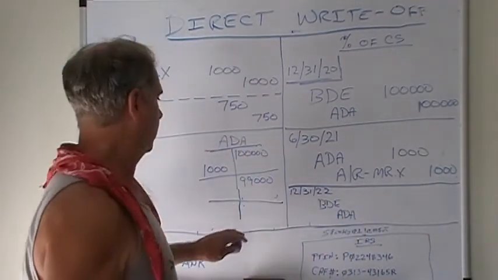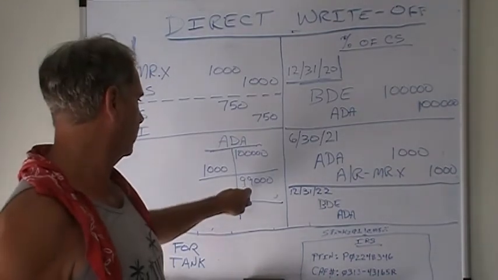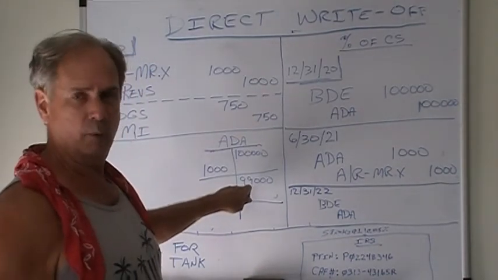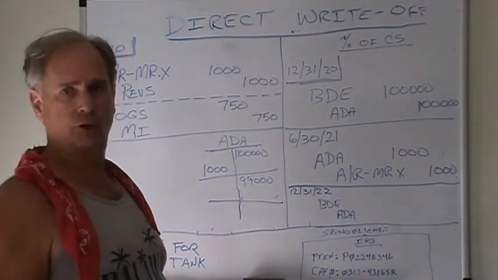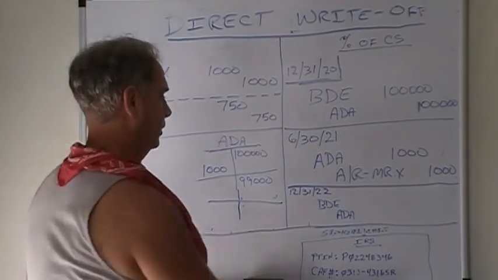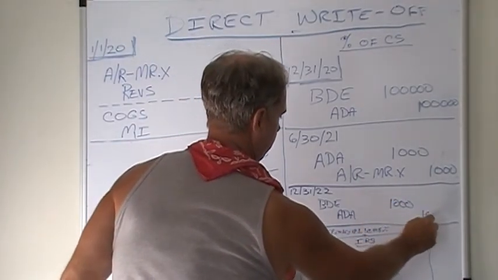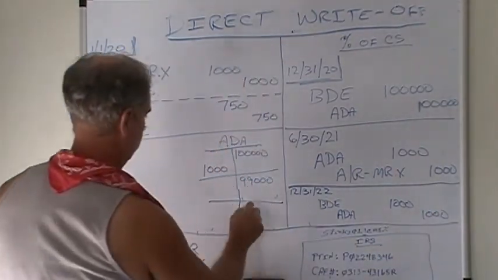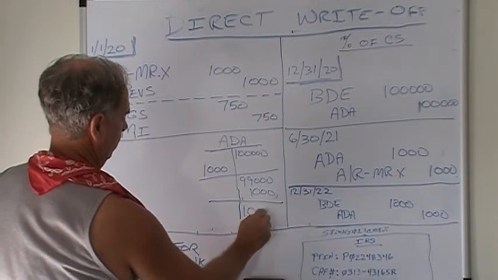However, because I'm using the percentage of accounts receivable methodology, I look at the balance in the ADA account. Well, I've already got $99,000 in there, but I should have $100,000 based on my calculation. So all I do is I debit bad debt expense for $1,000 and I credit ADA for $1,000. That gives me $100,000.